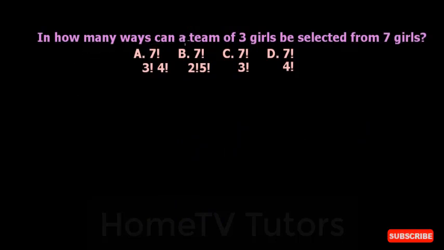In how many ways can a team of 3 girls be selected from 7 girls? This brings us to the formula nCr, where n is the total number of items and r is the number in each selection, which gives the number of possible combinations. And this is equal to factorial n over factorial n minus r, factorial r.